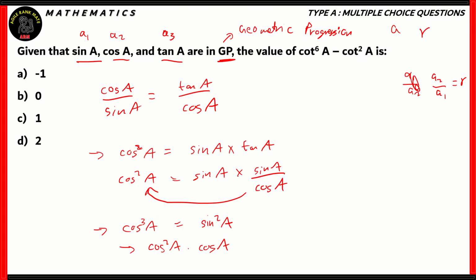So this is how the left-hand side would look like, and the right-hand side would be sin squared A. So when we take sin squared A to the left-hand side, it would be the denominator. So what do we get? We get cos squared A times cos A over sin squared A as equal to 1.